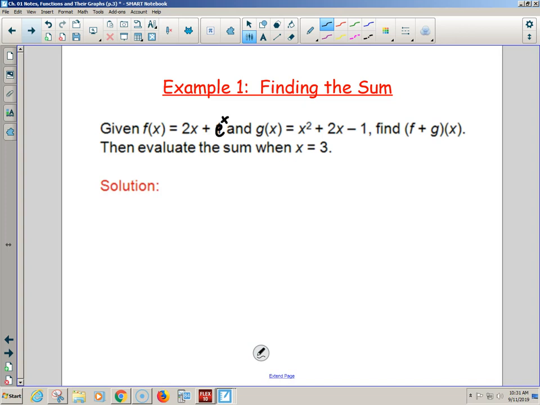What is it asking you to find? Good. See it? The sum of f and g of x, or f plus g of x. And everybody could have answered that, because isn't there a word find, and you just read me what's next? So it's f plus g what? Of x.